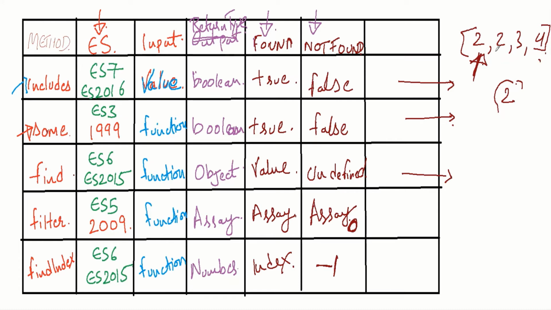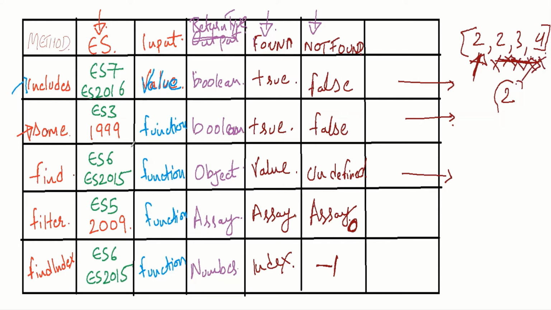It would not process your array till the end. It will only process your array till you find this value. And same is with some. So as soon as some encounters this 2, it would return true, and it would not process this entire array.